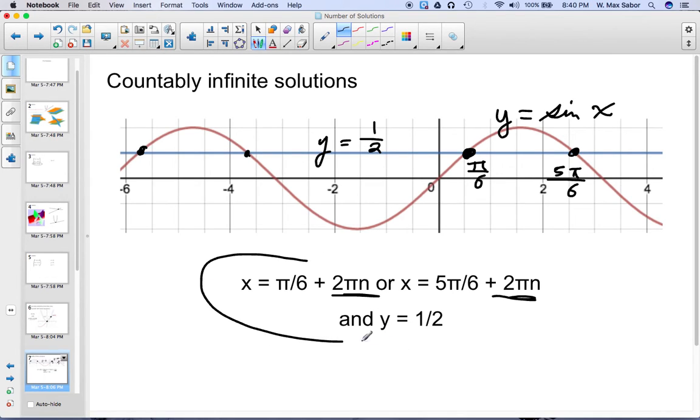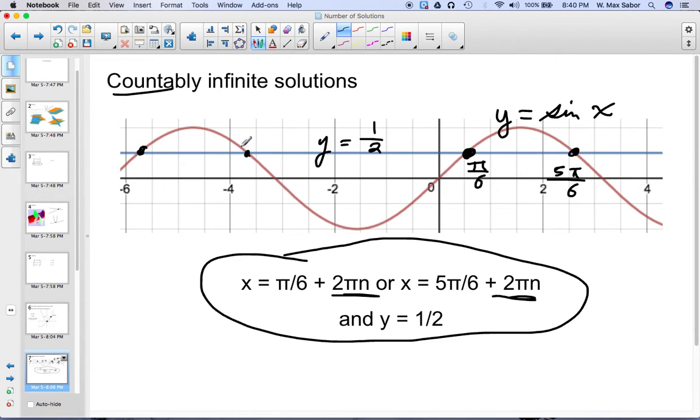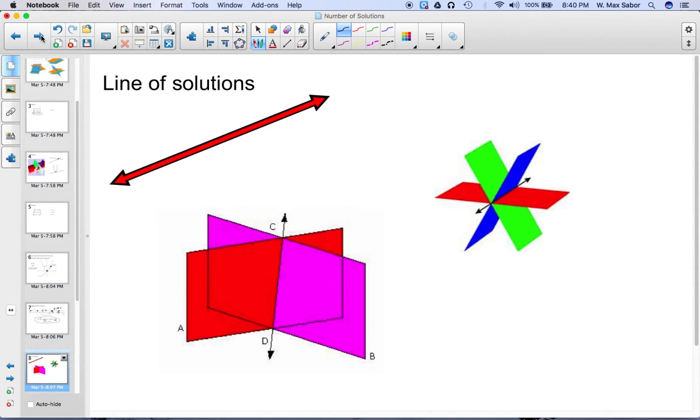So this is what it looks like algebraically when you solve it. And when I say countably infinite, I mean that we can list them in order, even though it's still infinitely many. A line of solutions is when there are infinitely many and it's the entire line or the entire curve.